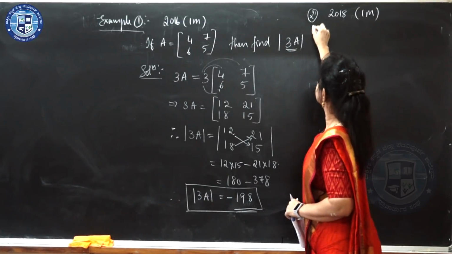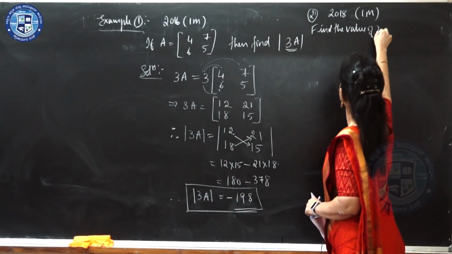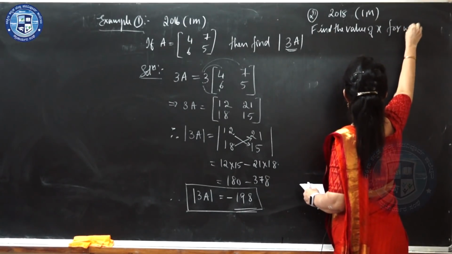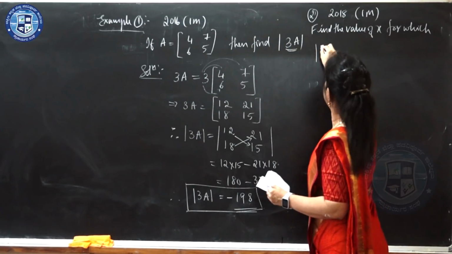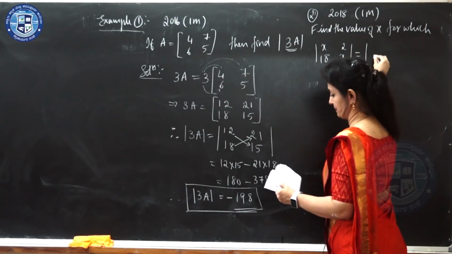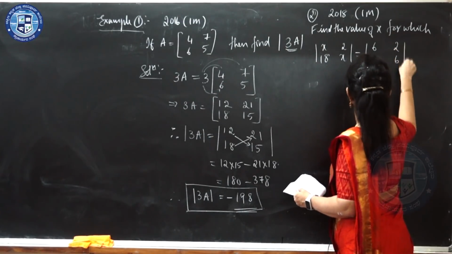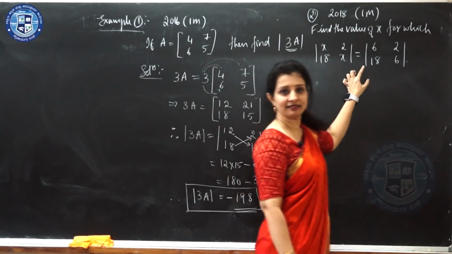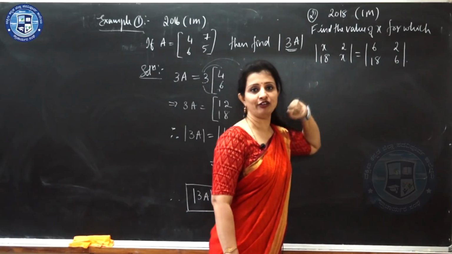Find the value of x for which the determinant of x, 2, 18, x is equal to the determinant of 6, 2, 18, 6. Okay, look at this. Here the equation is given of the determinants. Two determinants are equated. You are asked to find the value of x. What is the value of x?